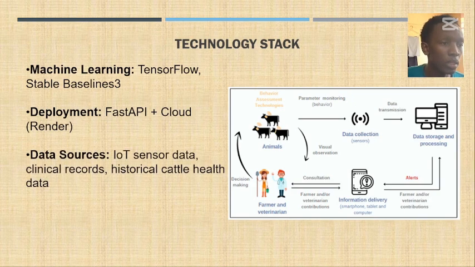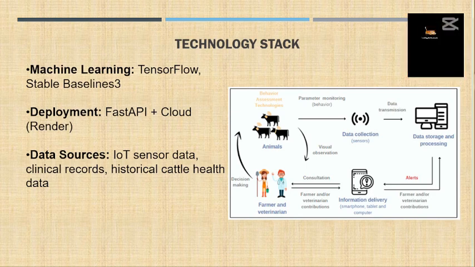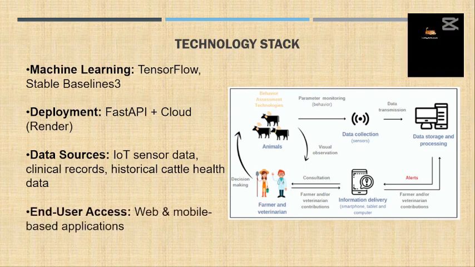As for the data sources, we are hoping to get IoT data sensors, clinical records, and historical cattle health data. And lastly, for end user access, we have web and mobile based applications.